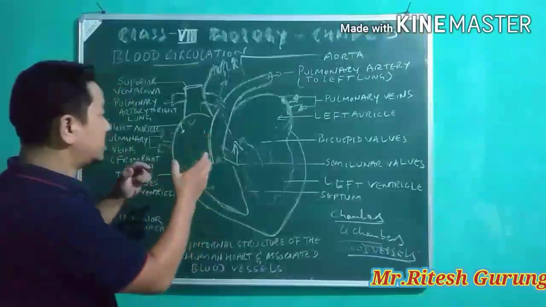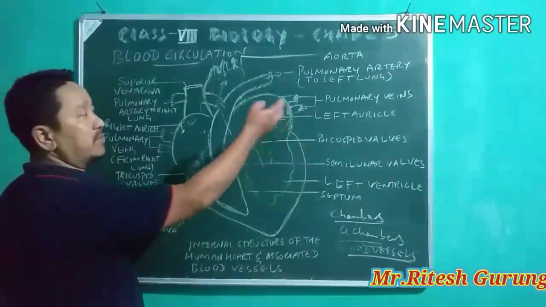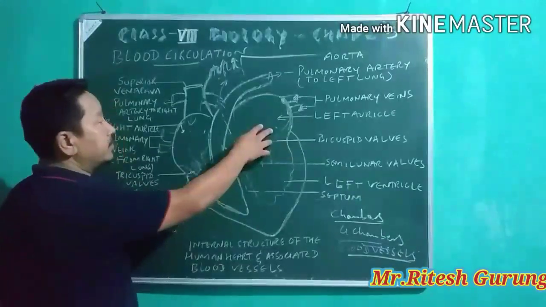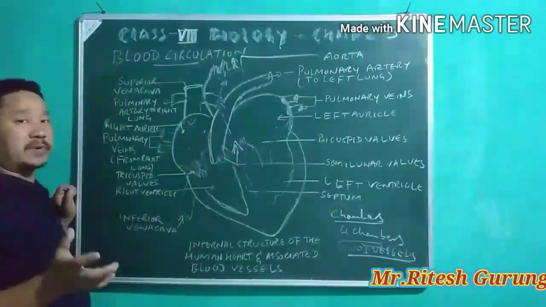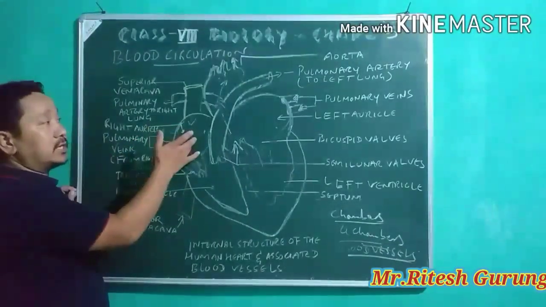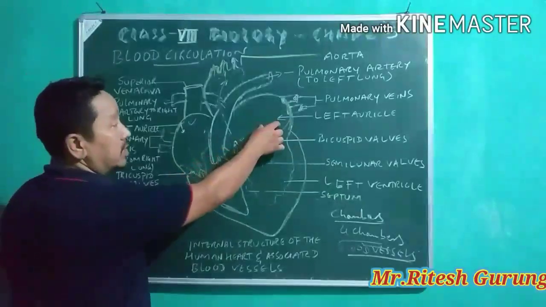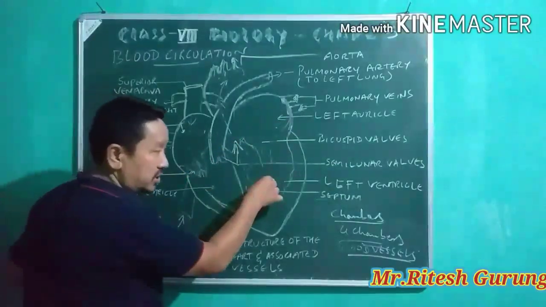The blood after purification in the lungs will be brought here, and the impure blood from the different parts of the body will be brought here in the right auricle. Then it will be pushed down here in the right ventricle. Similarly, from here the pure blood will be pushed down to the left ventricle.